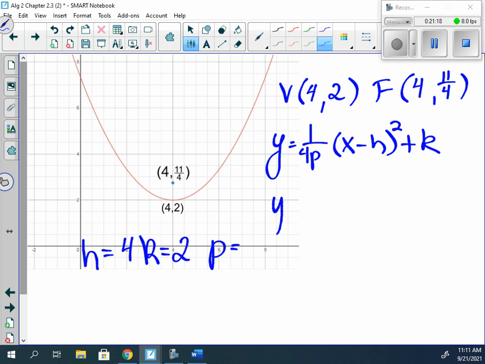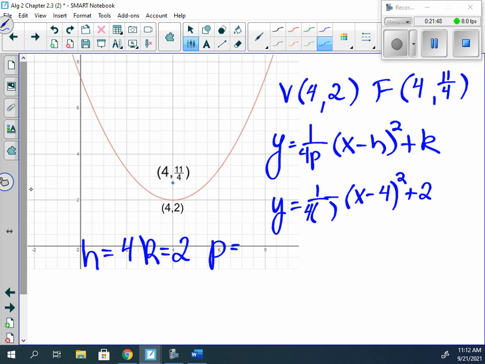And we don't quite know what p is yet. But we can go on and fill in what we know. So we'd have x minus 4 squared plus 2. Now the y value of the focus in the general equation is given to us by what equation?